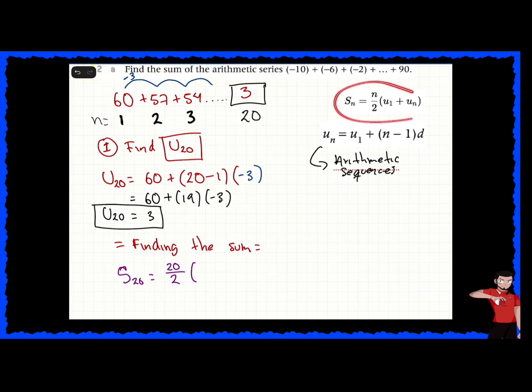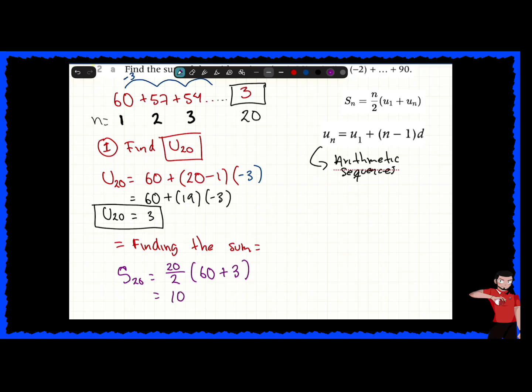I am following this. So the first number is 60, plus the last number, 3. Basically this is 20 divided by 2, which is 10, times 63.